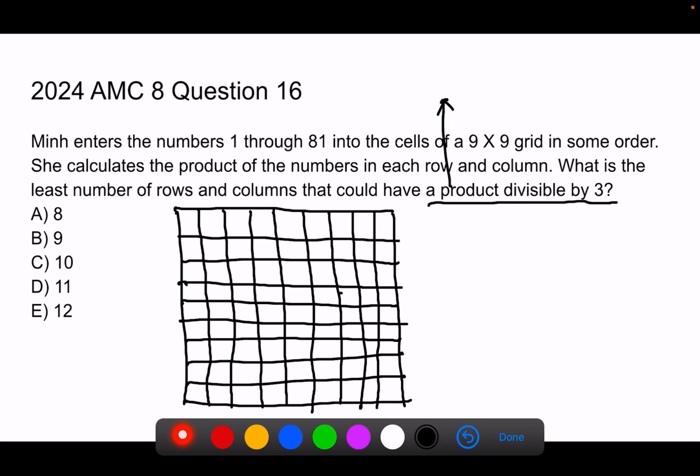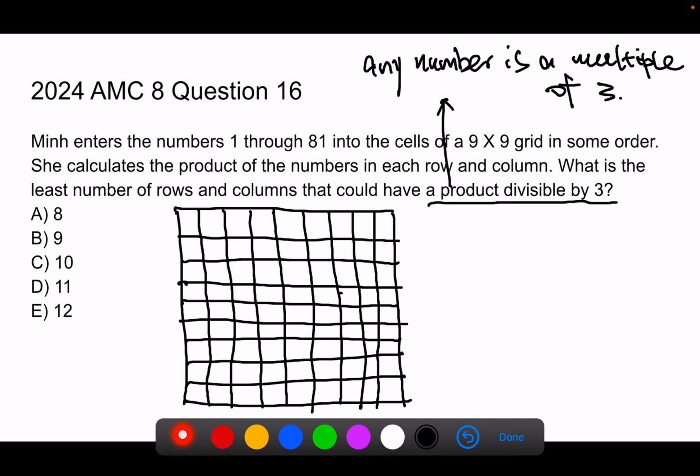If any of the numbers is divisible by 3, or if any number is a multiple of 3.